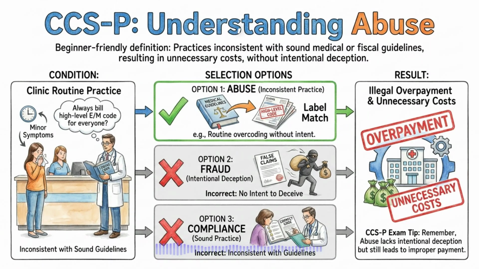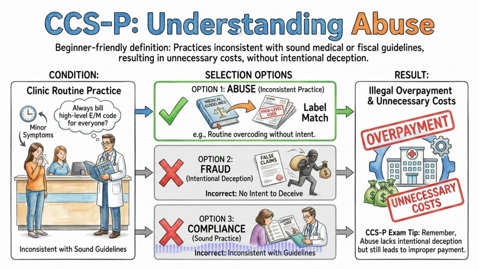Abuse, on the other hand, is fundamentally different because it lacks the element of intentional deception. Abuse involves clinical or business practices that are inconsistent with sound medical or fiscal guidelines, resulting in unnecessary costs to the healthcare system.